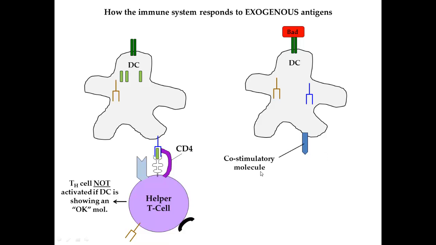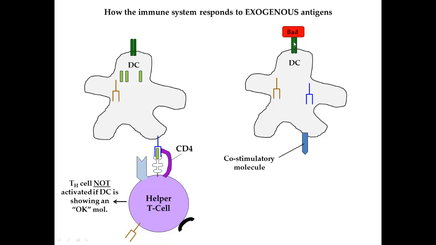That co-stimulatory molecule gets exported to the surface of the dendritic cell. The reason why the co-stimulatory molecule is so important is because it serves as a danger signal. So we probably should depict this as a bright fluorescent orange receptor, because it's indicating that there may be something awry.